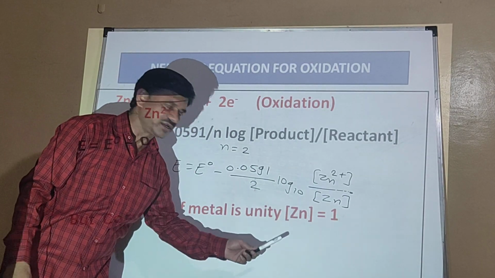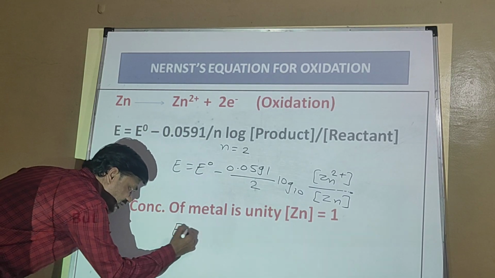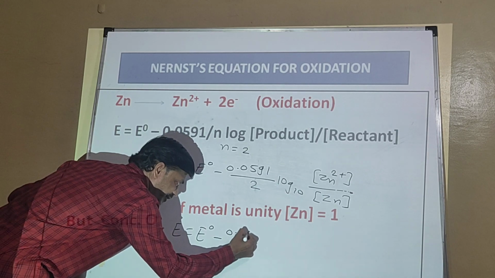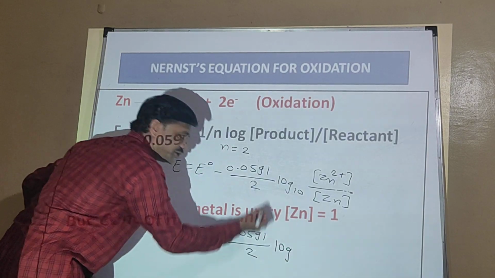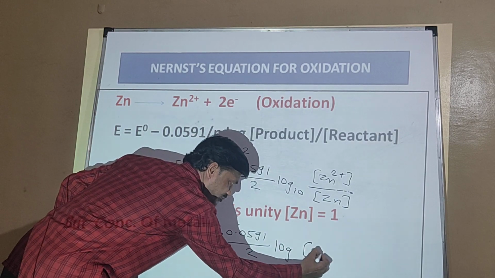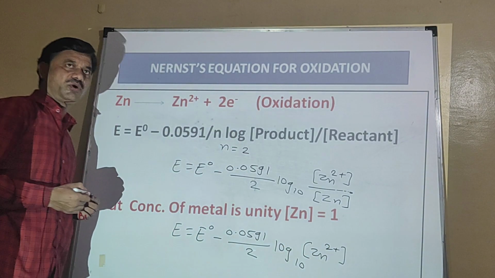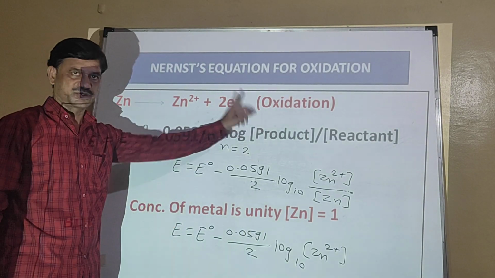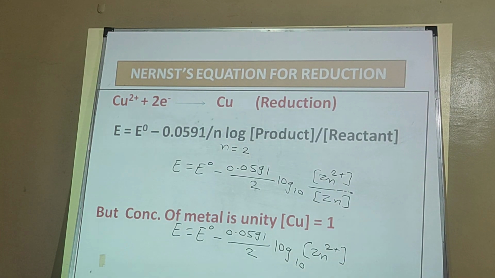So the zinc metal concentration is taken to be 1. So what should be the last step? We can write E equal to E0 minus 0.0591 upon 2 log concentration of Zn+2 ion, to the base 10. So this is the final Nernst equation for which process? Oxidation.